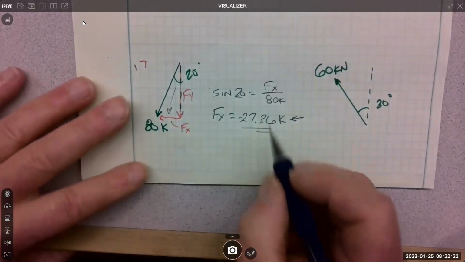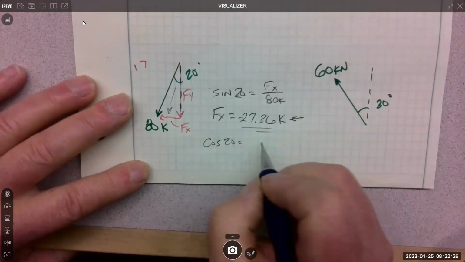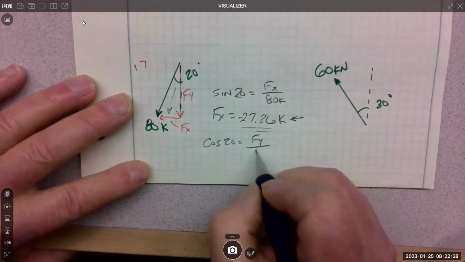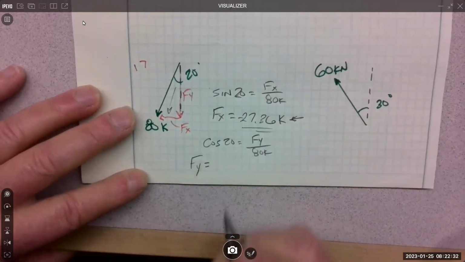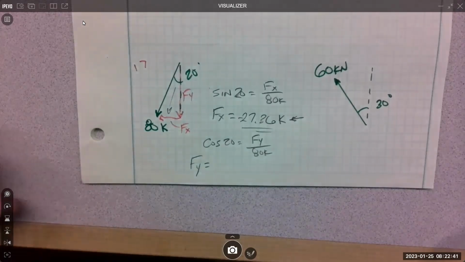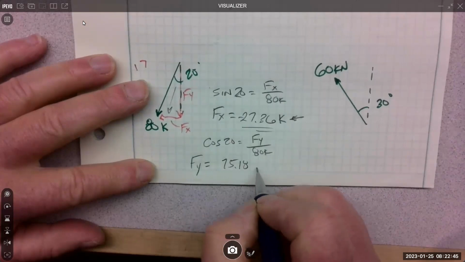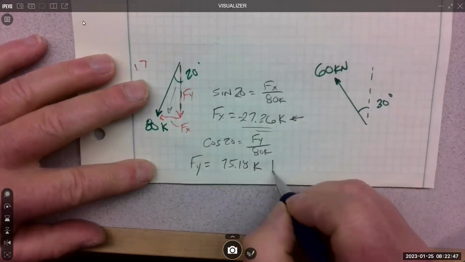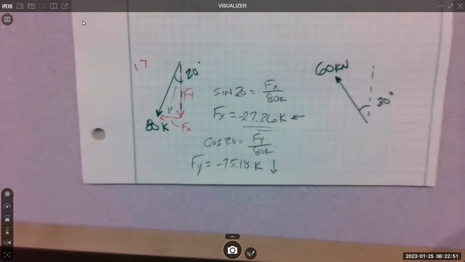And then cosine 20 equals Fy over 80K. Fy equals 7518. And that is down, also negative. Questions?